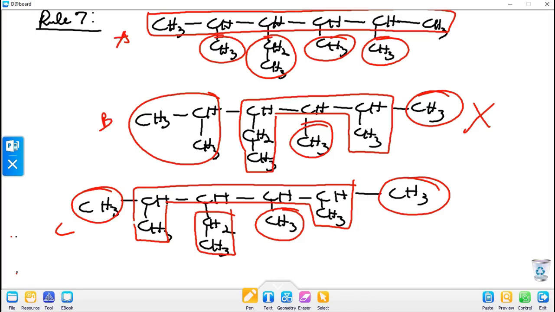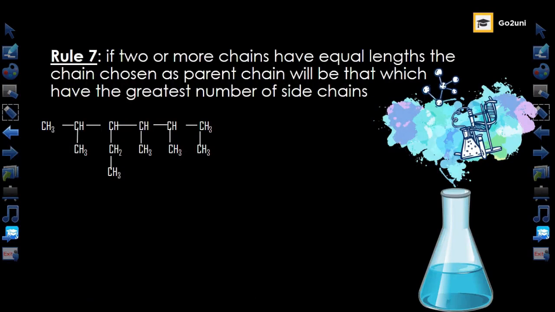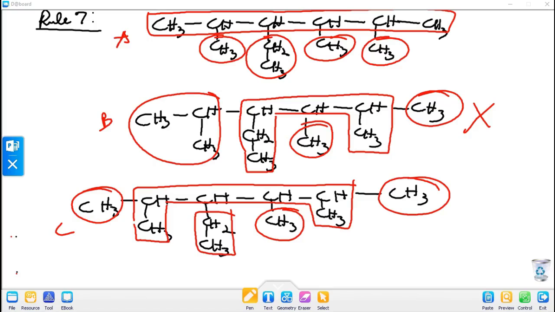But there is a rule that says when we have such kind of scenario, the straight chain should be considered the parent chain. But what we want to establish here, as the rule says, is whenever we have this kind of scenario, the chain you should take is the chain that has the largest number of side chains. The chain that has more side chains, the greatest number of side chains, should be taken. So automatically students A and C are correct, but student B is wrong.